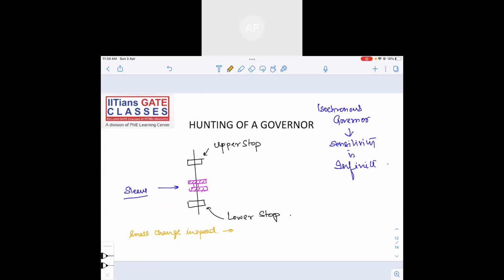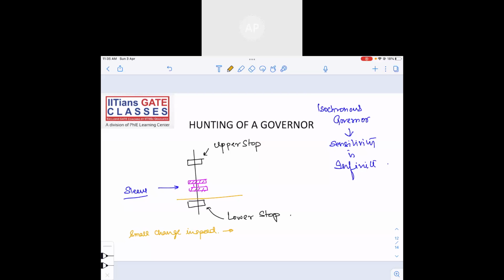Because the sensitivity of the governor is high, even with a small increase in speed the sleeve will come down more. If the sleeve comes down more, what is going to happen? The sleeve is connected through the bell crank lever to the valve.